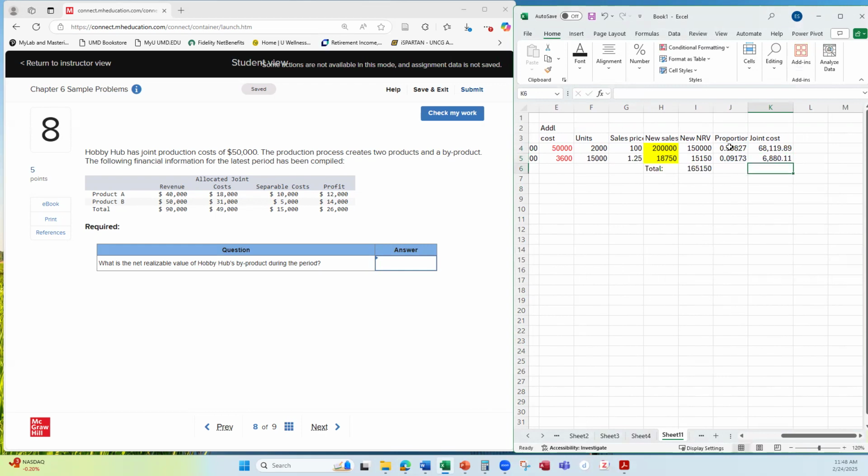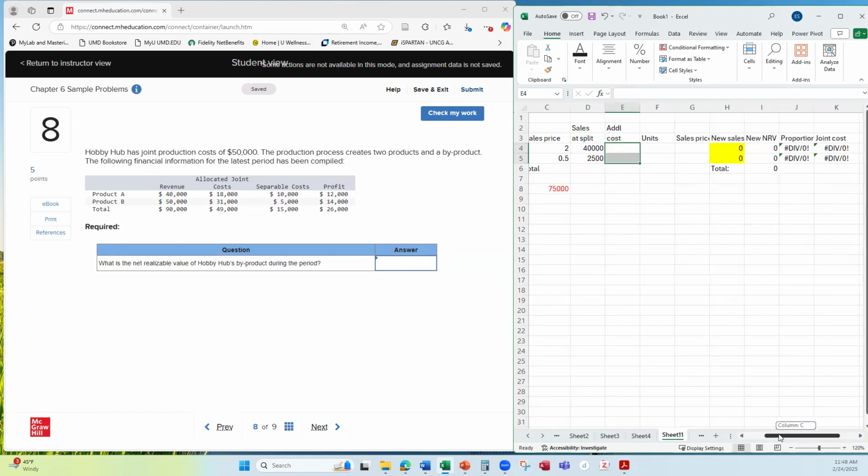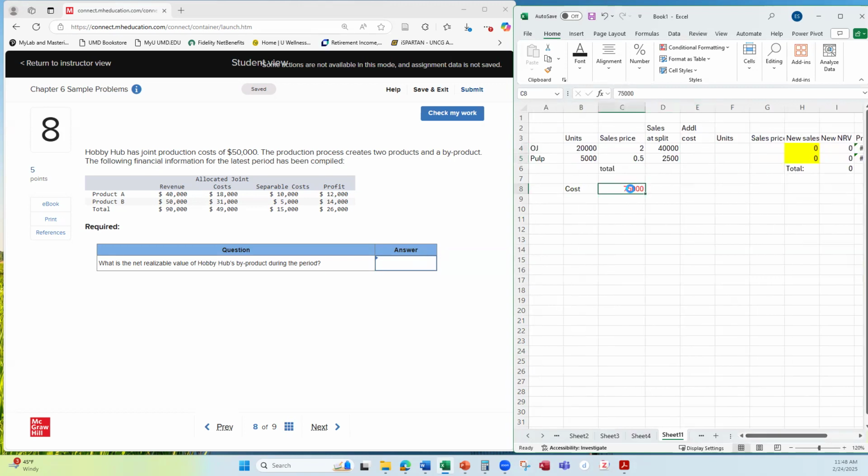I can use that on the next one since I coded these, and then I can just fill in my numbers that I need here and reuse this format.